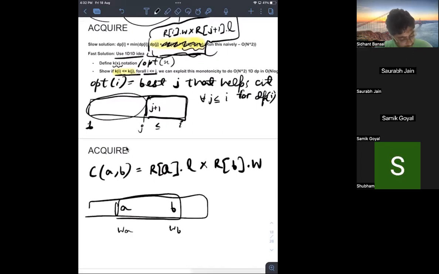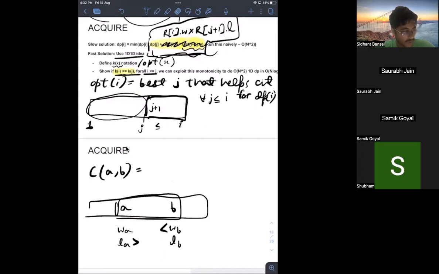WA, WB, LA, LB. You know the length of this guy is bigger. You know the width of this guy is bigger. So that's why I did this, right? Or a better way to write this is maybe just simplify it to say WB times LA.